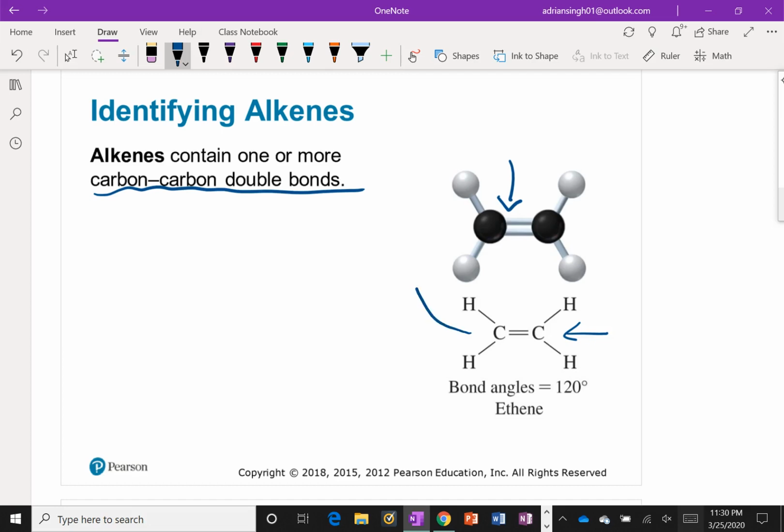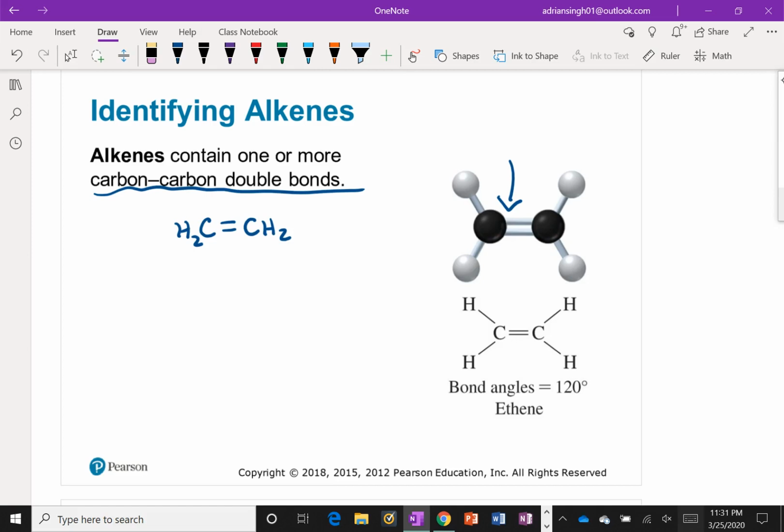We can condense that even further and say we have a carbon-carbon double bond, and then we have two H's connected to each of those on either side. So we have a CH2 connected by a double bond to another CH2 on the other side. You'll see this being used in your textbook as well. The other way we can represent the alkenes is by using the line angle formula, which we'll see in a second.